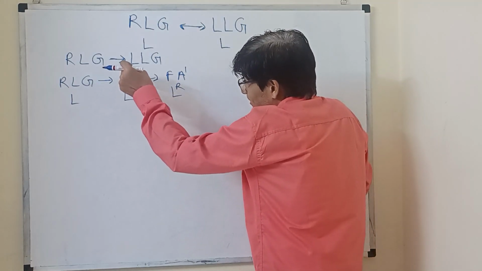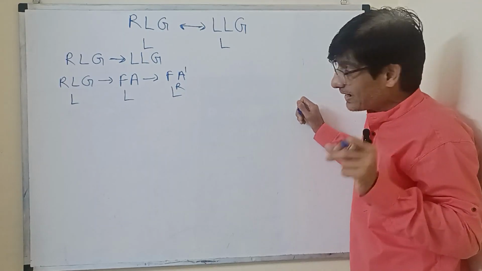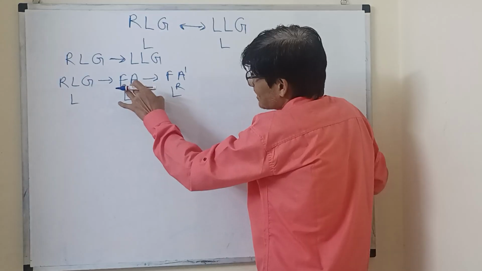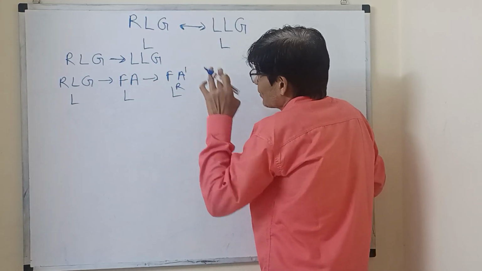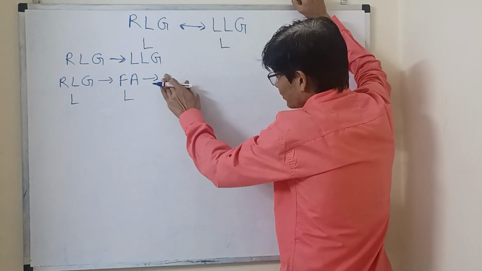You can interchange the initial and final states, and reverse the direction of each transition. So you will get a reversed finite automata.